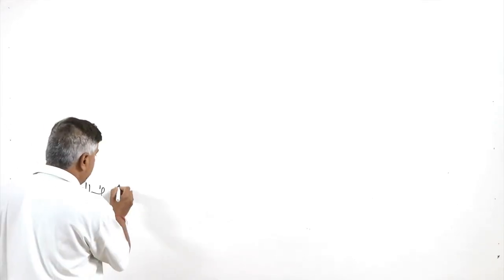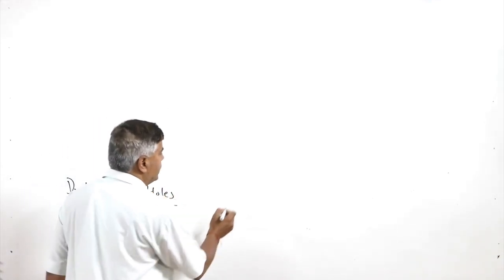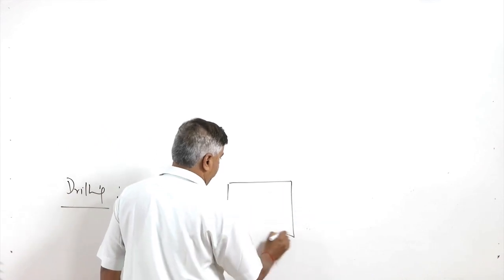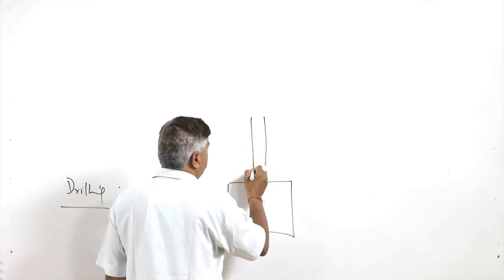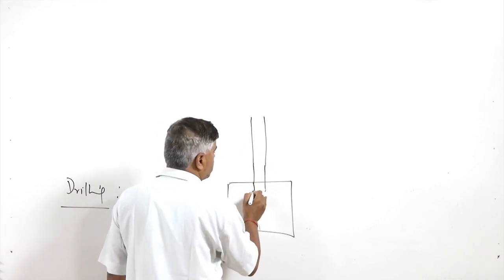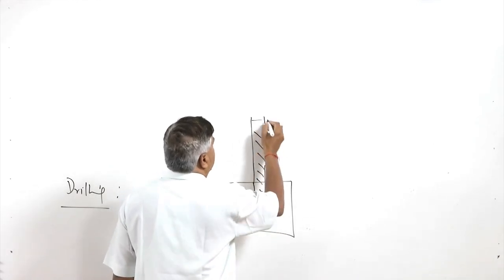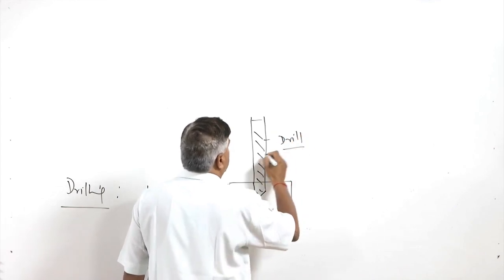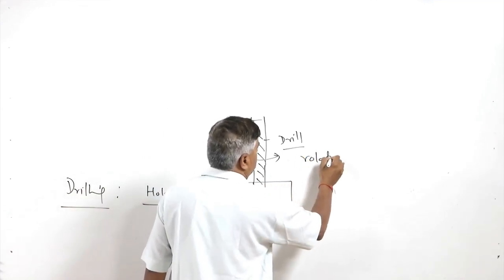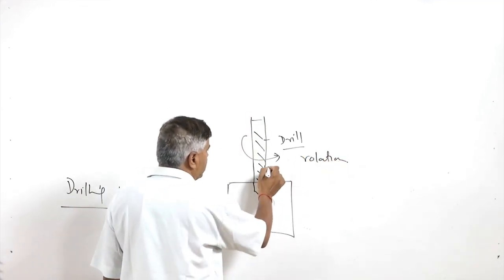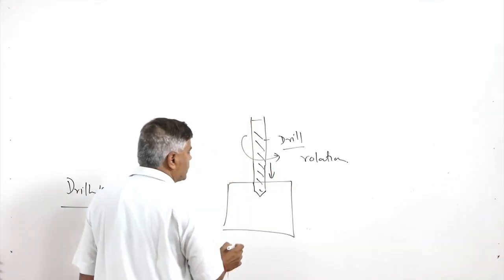Drilling is basically used for creating holes, and in this process the workpiece is kept fixed and the tool, known as the drill, of various configurations is used. The drill is rotated, so rotational movement is given to the drill, and the rotating drill is also moved parallel to the axis of its rotation.